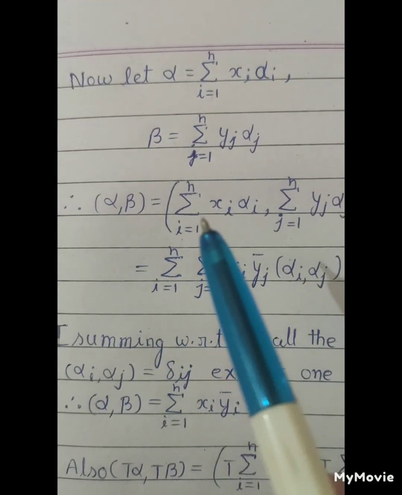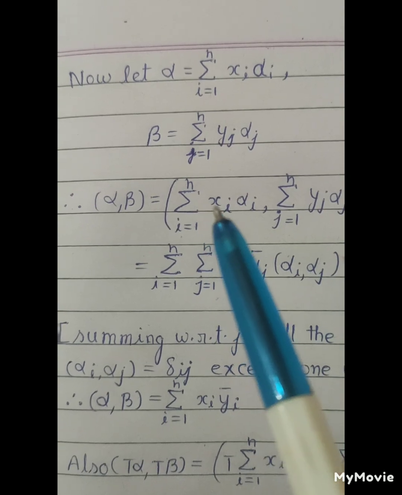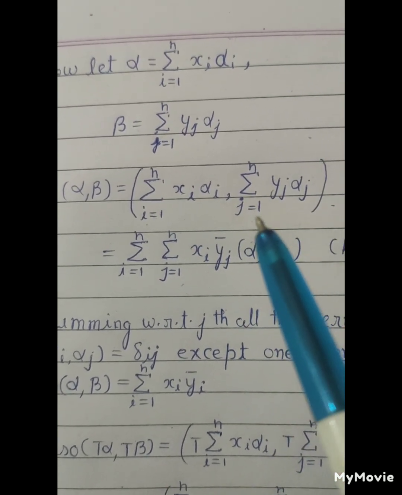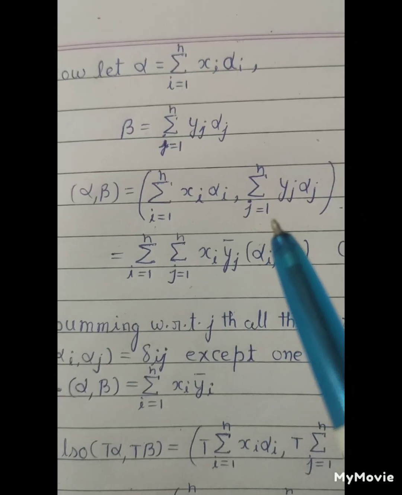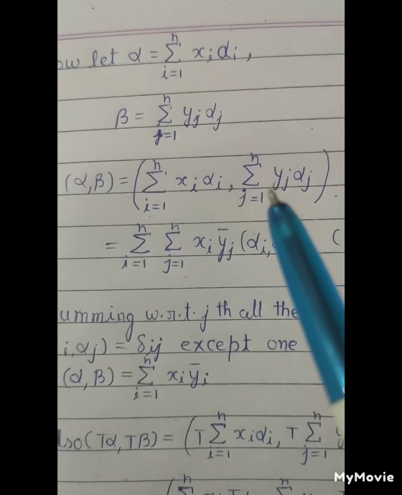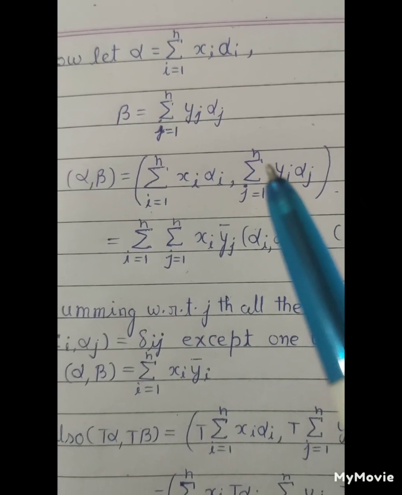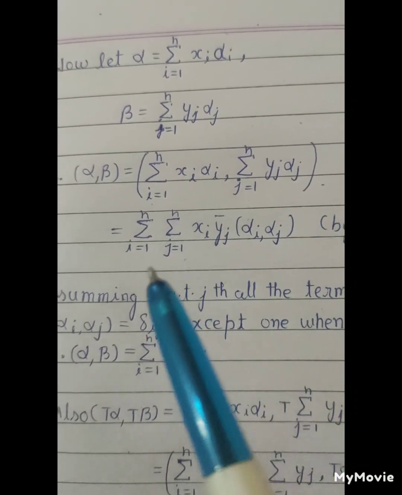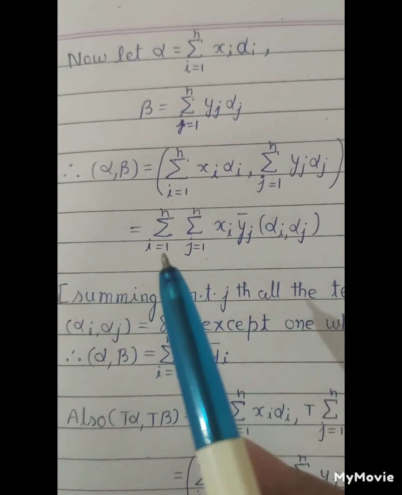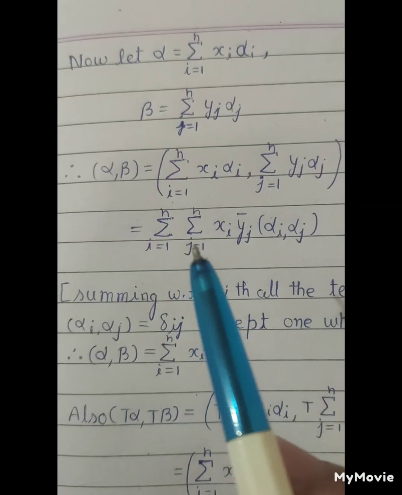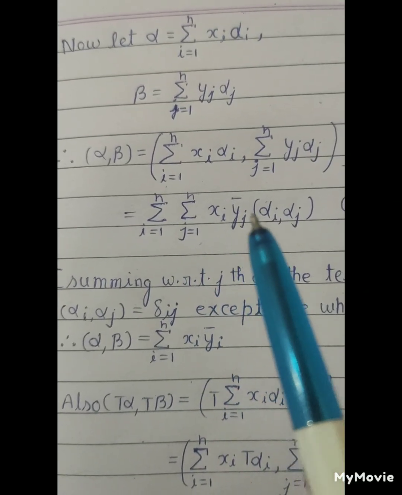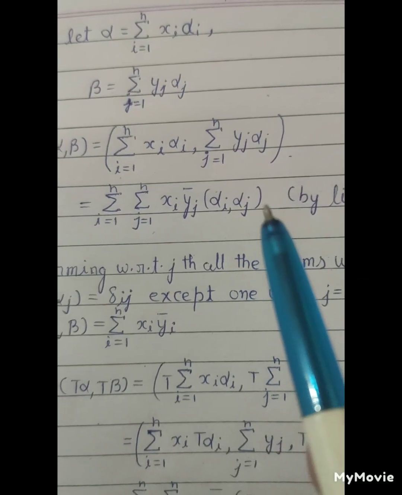So the inner product of alpha and beta equals the inner product of sigma i varying from 1 to n of xi alpha i and sigma j varying from 1 to n of yj alpha j, equal to sigma i varying from 1 to n, sigma j varying from 1 to n of xi yj bar times the inner product of alpha i and alpha j.